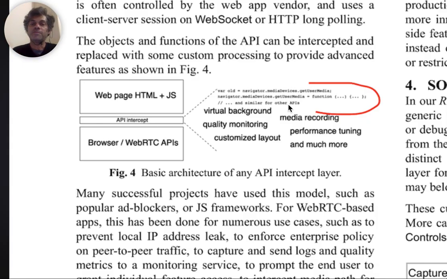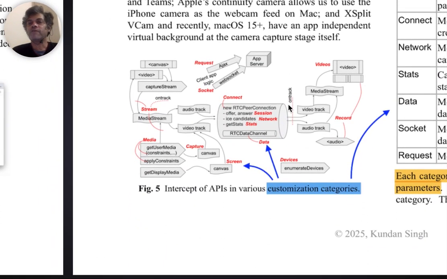intercept layer for all APIs, what I do is I divide the use cases and motivational examples into various categories, and then I define the intercept functions, intercept layer for those categories.